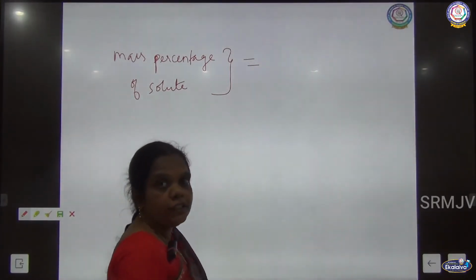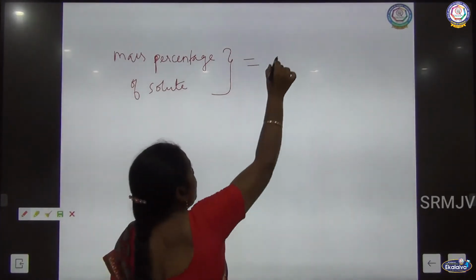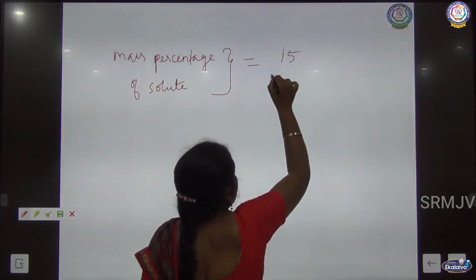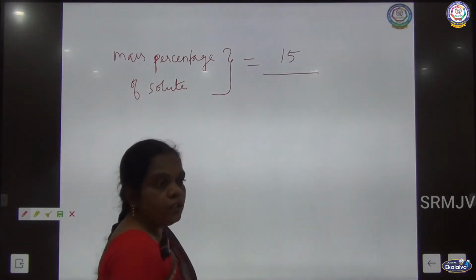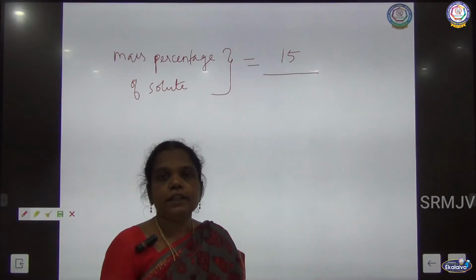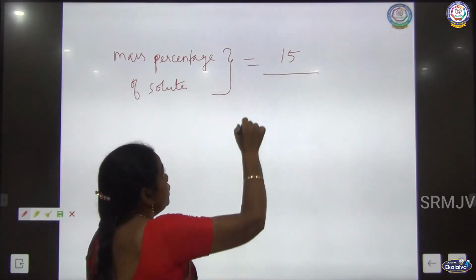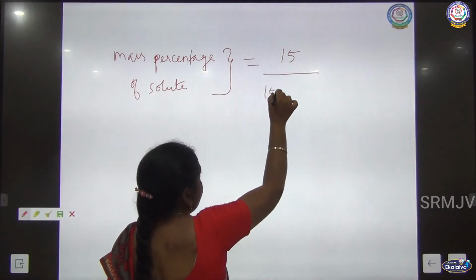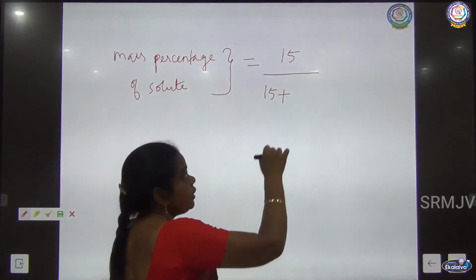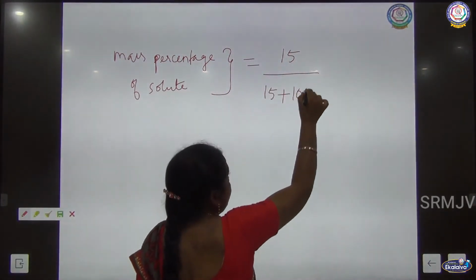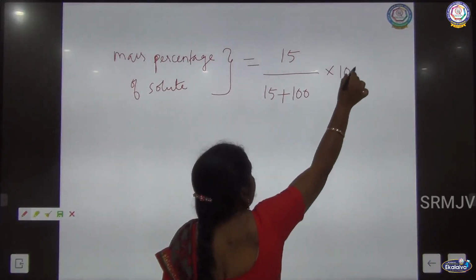Mass of the solute is given as 15 gram. So 15 divided by the mass of the solution. Mass of the solution is nothing but mass of the solute and mass of the solvent. So mass of the solute is 15 plus mass of the solvent is 100 into 100.